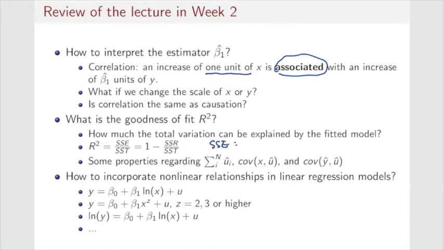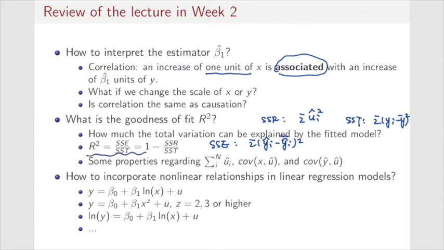Remember that SSE is the explained sum of squares, and the SSR is the residual sum of squares. And the SST is the total variation of the observation yi.